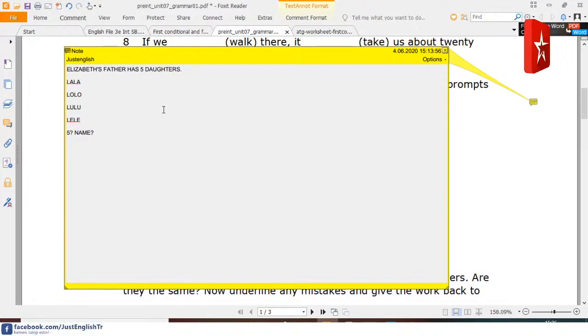Elizabeth's father has 5 daughters: Lala, Lolo, Lulu, and Lele. It's a kind of logical question. Gulsafa says it is Elizabeth. Yeah, I asked this question in order to check your attention, whether you are careful about what you read or not.